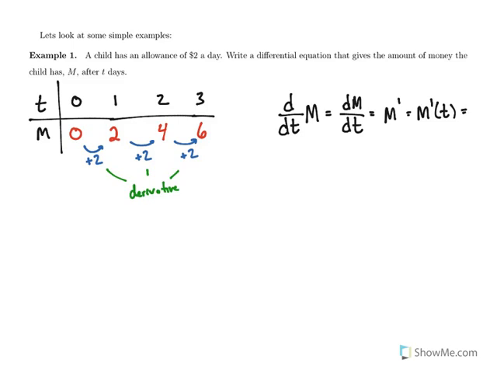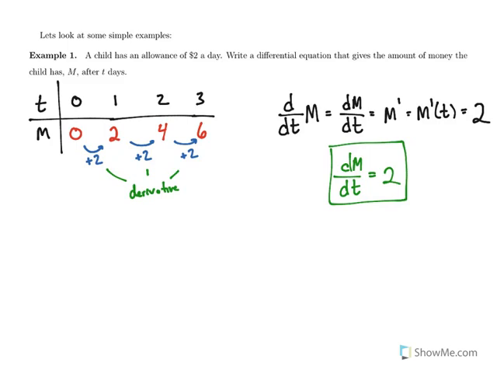That's going to be equal to 2. That the derivative is equal to 2, that's how much we're changing each time. So to put it all together, we're going to often write this as dm dt is equal to 2. And that's our differential equation. It's an equation, it has a derivative in it. That's all we need, and it's a very simple one.